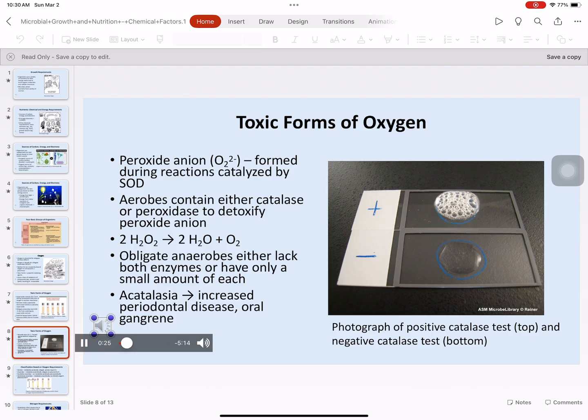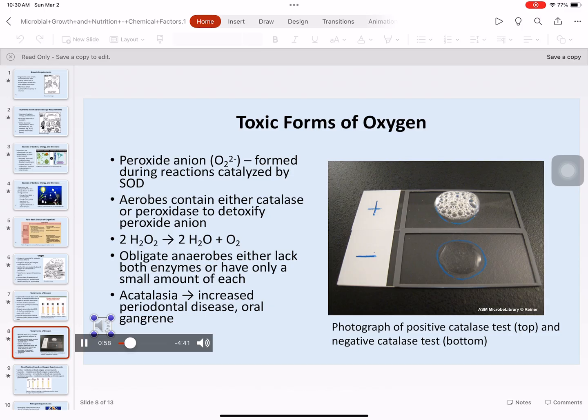So peroxide anion can be formed during reactions that are catalyzed by superoxide dismutase. Those of us who are aerobes, like us, also have other enzymes to deal with this, either an enzyme called catalase or peroxidase, or both, to detoxify the peroxide anion.